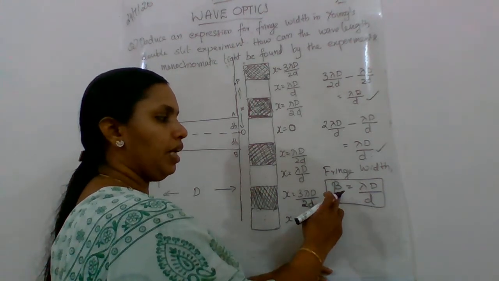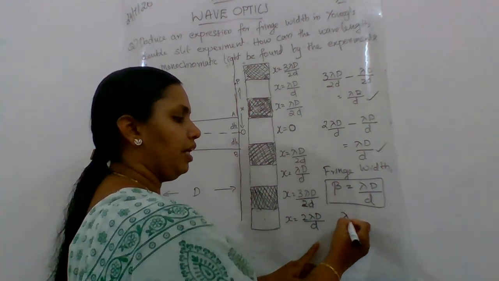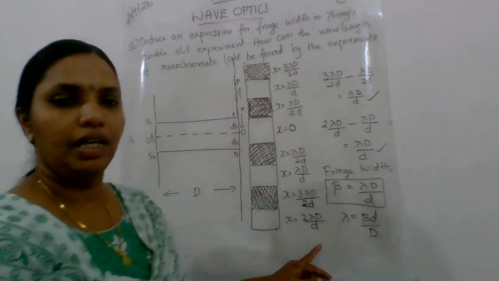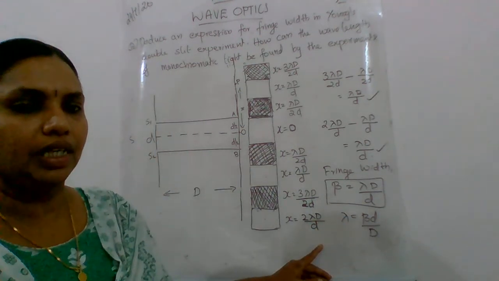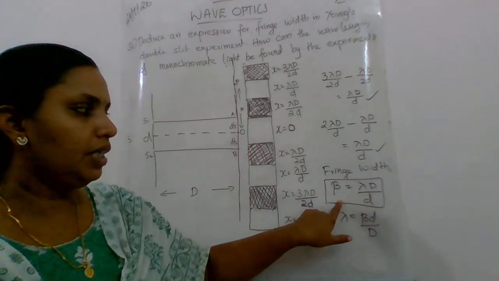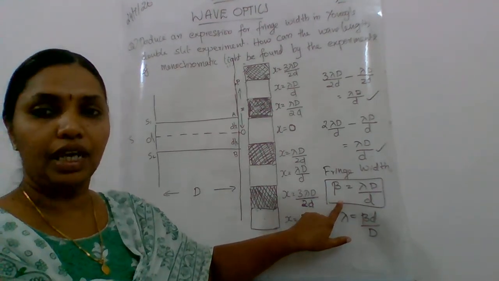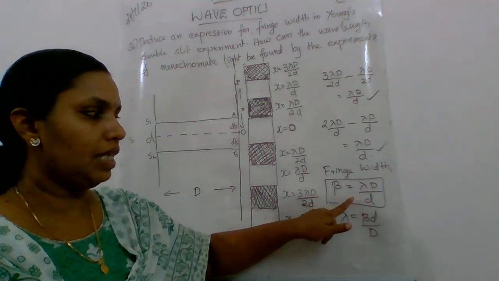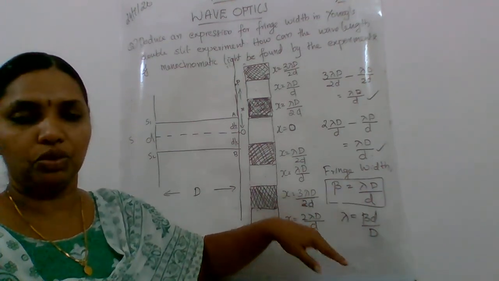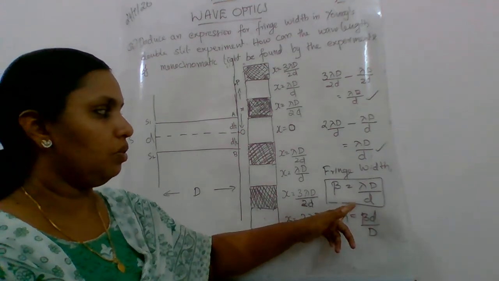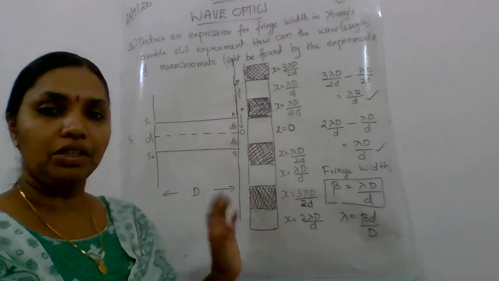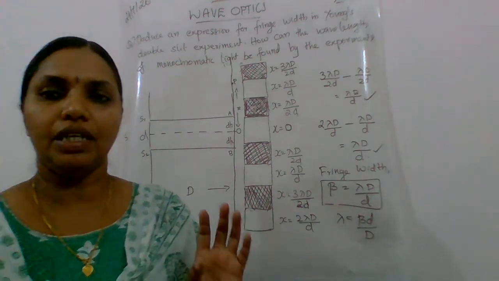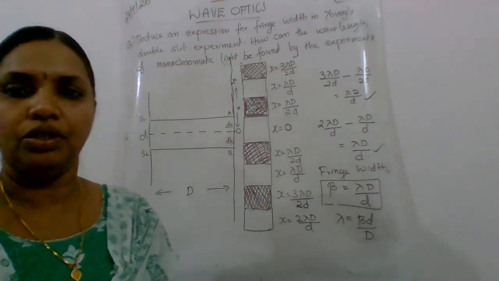So from this we can find lambda is equal to beta d by D. So fringe width, the width of the dark fringe or bright fringe, can be calculated as beta is equal to λD by d. This is also an objective question using the relation, and the width of the fringe is the same whether it is dark or bright.